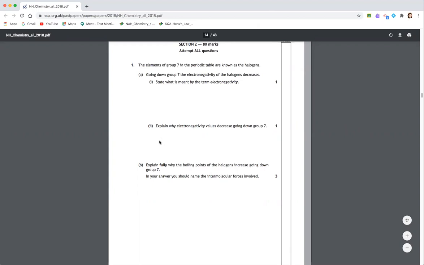Because this question is asking about group 7, but it's the same for every group, if we take fluorine as an example, fluorine's electron arrangement is 2, 7, and then chlorine's is 2, 8, 7. As you go down a group, you're getting more occupied energy levels. Now the bonding electrons are always the outer electrons.